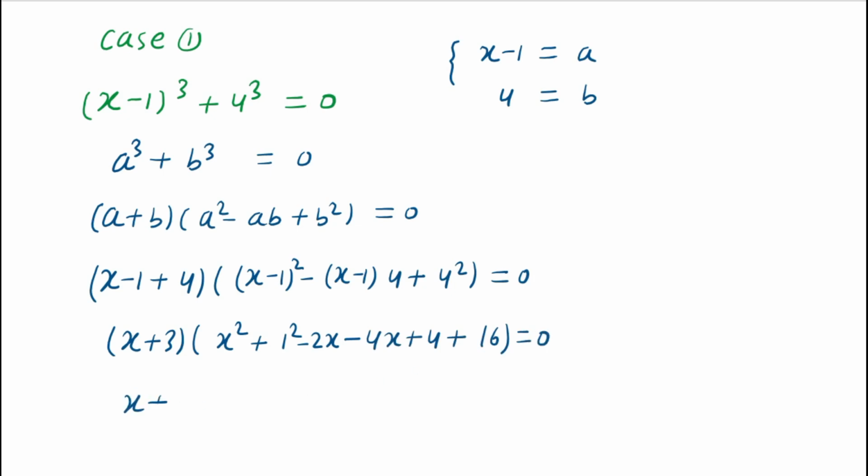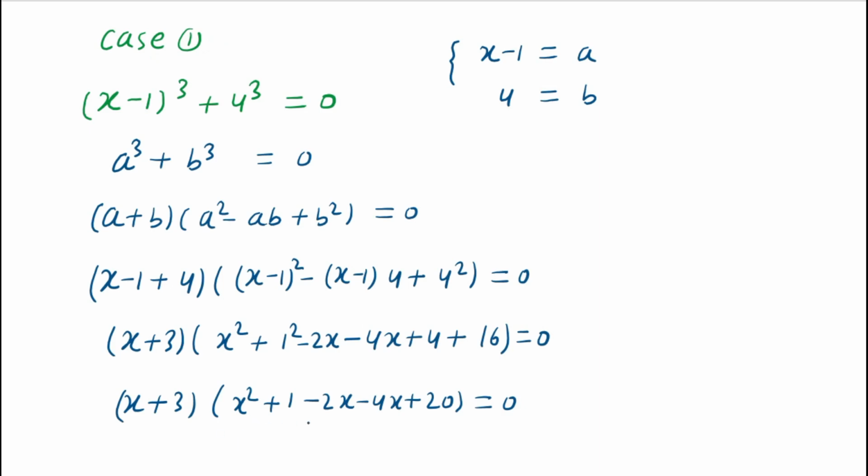Here (x + 3) multiplied by (x^2, 1 squared plus 1 squared is 1, minus 2x, minus 4x plus 4 plus 16 is 20) equals 0. Here (x + 3) is multiplied by (x^2, this 1 and this 20 is 21, minus 2x minus 4x, this is minus 6x).